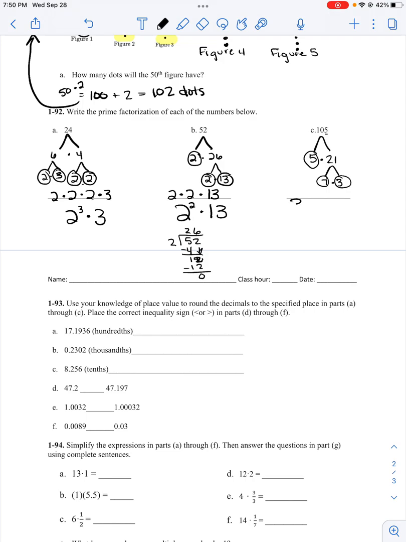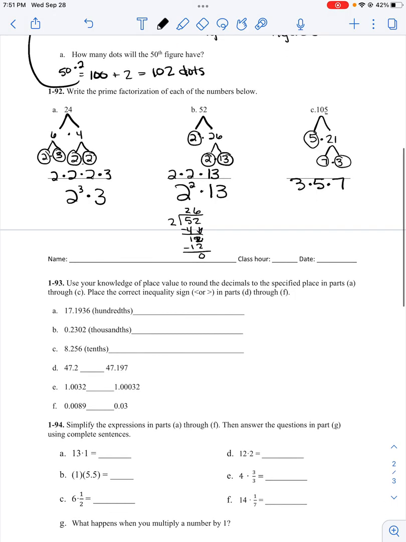So below it, I'm going to write 3 times 5 times 7. I can't simplify using exponents, so that just stays there.